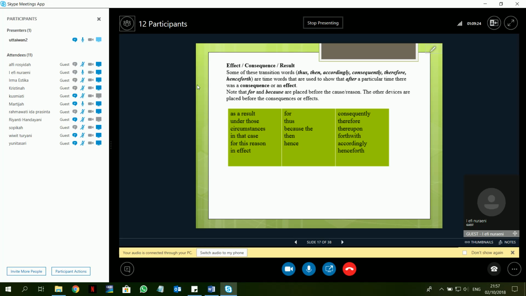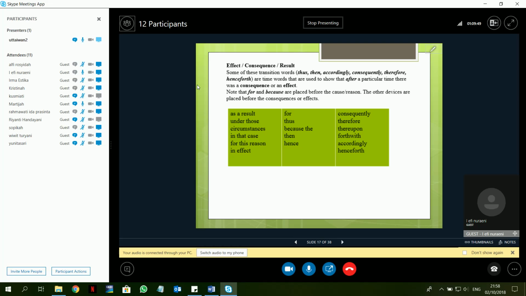Jadi selain tadi kata hubung, kita juga sudah membahas tadi di soal, beberapa soal ada yang menunjukkan cause and effect. Note that for and because are placed before the reason. The other devices are placed before the consequences or effect. Contohnya apa? Contohnya ini. Ada as a result.